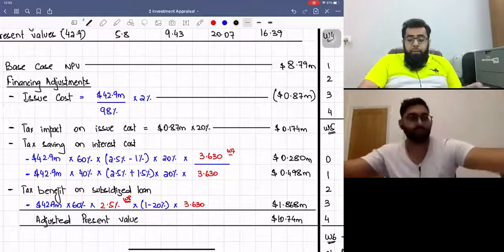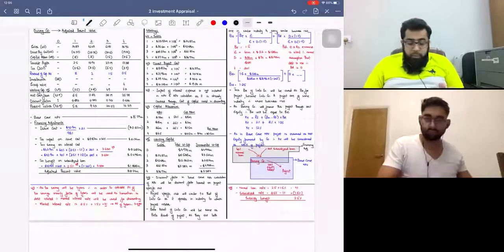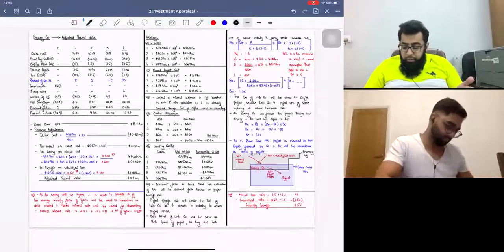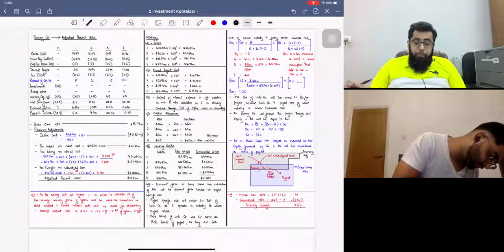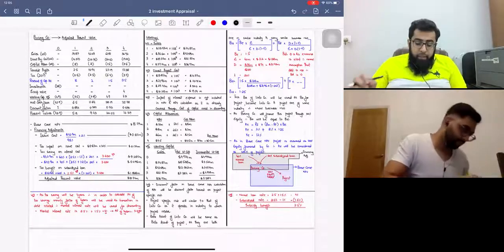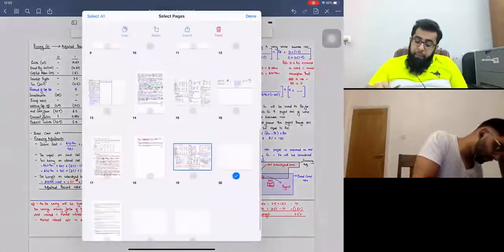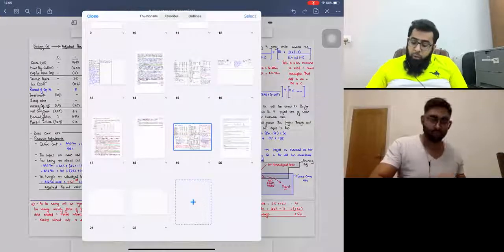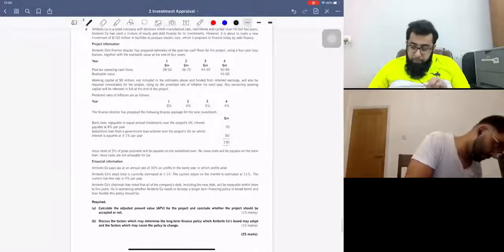Okay. So if you look at this question, it had no new adjustment. It was almost the same as the Fubiki company question. Now the next question of APV is Embreely company. That is almost the same, but with only one new adjustment.